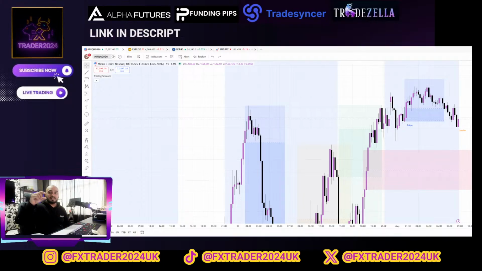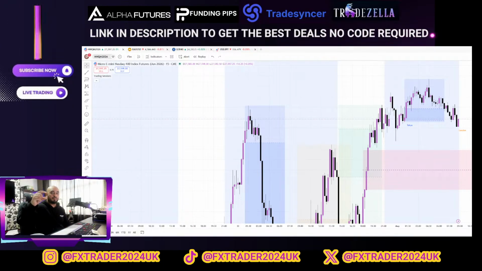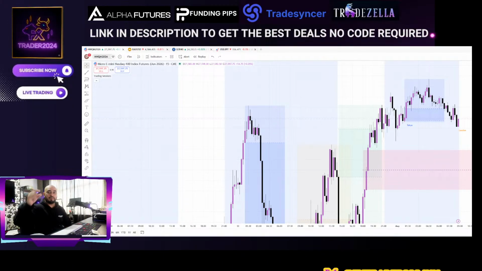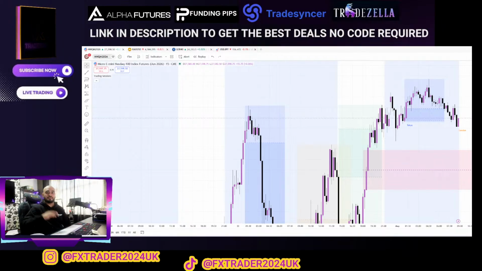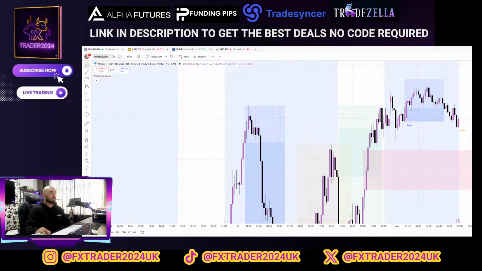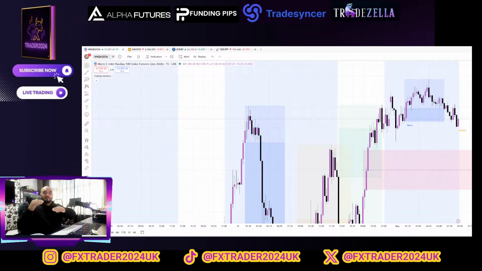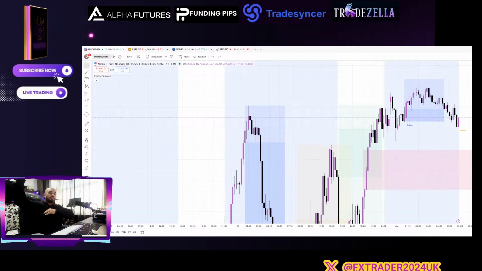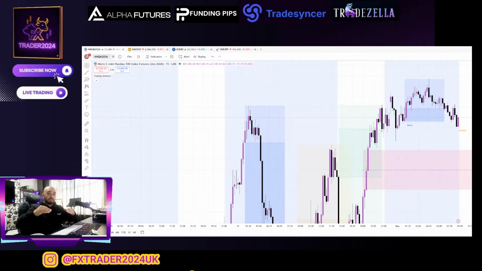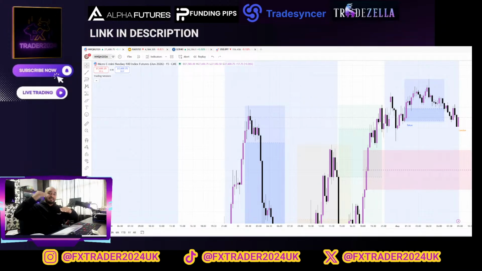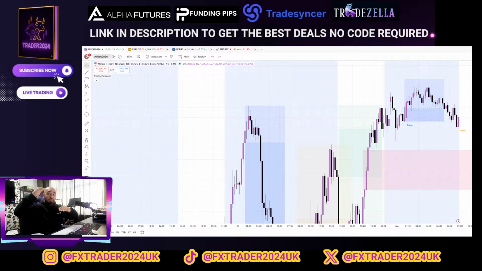It's like a commission, the spread. It charges you a commission and spread on every trade you take, whereas futures doesn't charge you a spread. So when you put on a trade on CFDs, you go into drawdown pretty much straight away before you can go into profit. Whereas with futures, when you enter a trade, it's entered there and then. You don't go into drawdown straight away, unless the price is going against you.